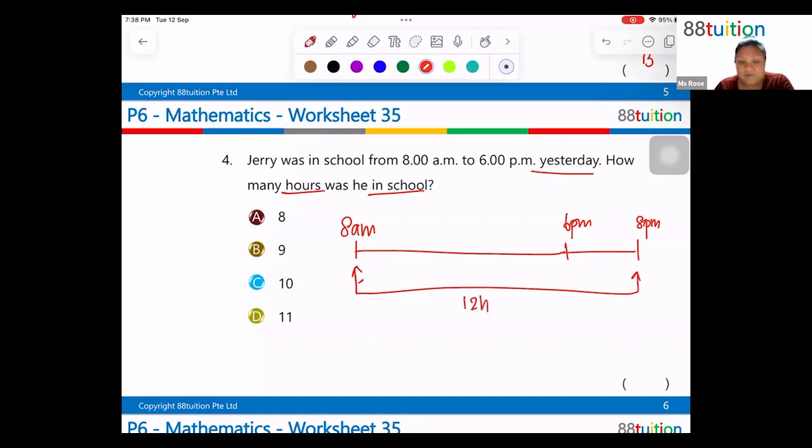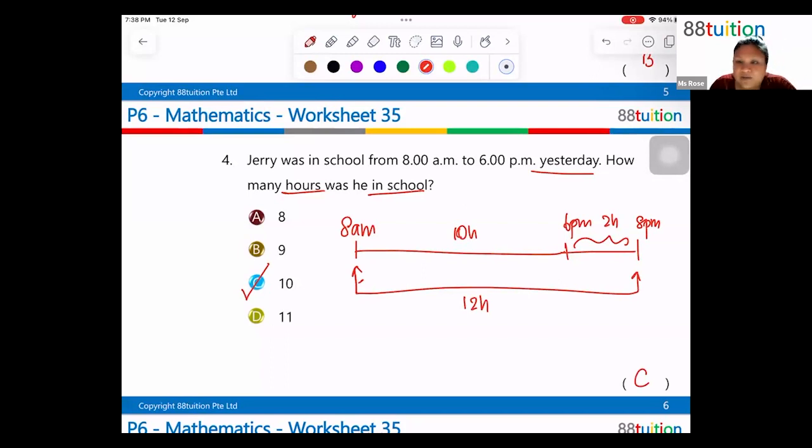That means this is 2 hours. So that's 10 hours. Or you can just count with your fingers. It's fine. So that's 2 ways to do the question.